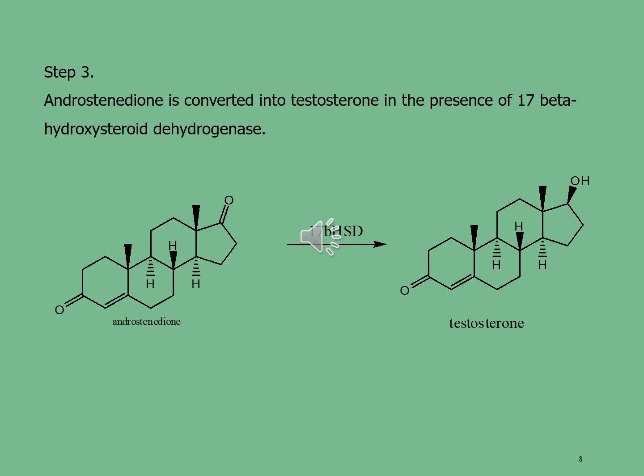But the carbonyl group which was present at carbon 17 position is converted into a hydroxyl group as beta. So the difference between testosterone and androstenedione is just the presence of a hydroxyl group at carbon 17 position in testosterone as compared to a carbonyl group at the 17 position in androstenedione. So this is the general method for the synthesis of testosterone.